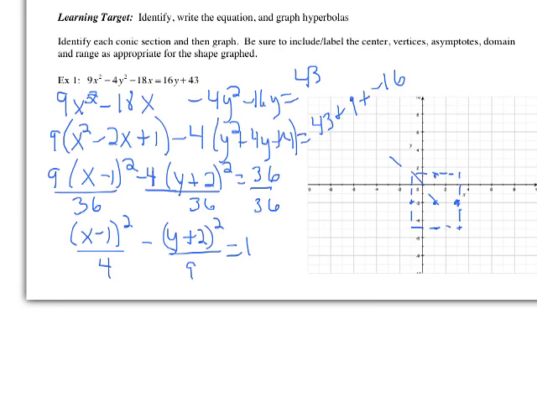And so we draw our asymptotes, and then this has to approach the asymptotes, and it's going to be in the x direction, just like that. Not quite just like that, but anyway, so our vertices would be 3, -2, and -1, -2.